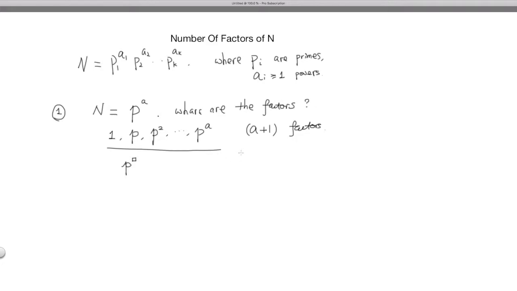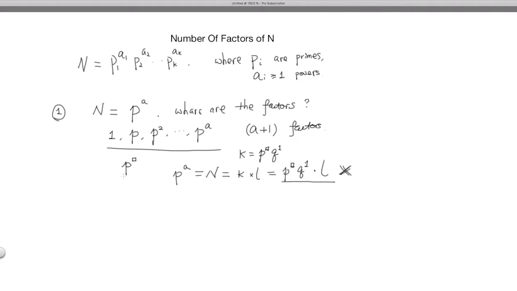Let's say a factor k has another prime factor more than p, say q to the 1. If k is a factor of n, that means n can be written as k times some other integer, let's say l, which equals p to the something and q to the 1 times l. Now, the right side has a factor of q, but on the left side, n is p to the power a, which only has the factor p. So it's impossible.